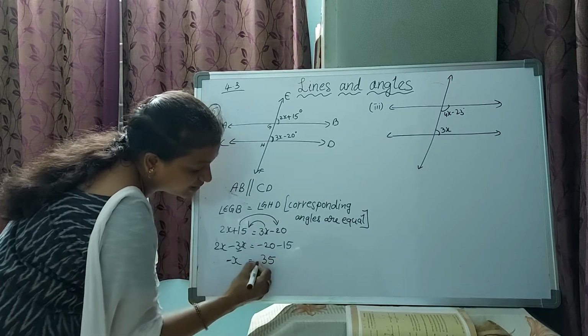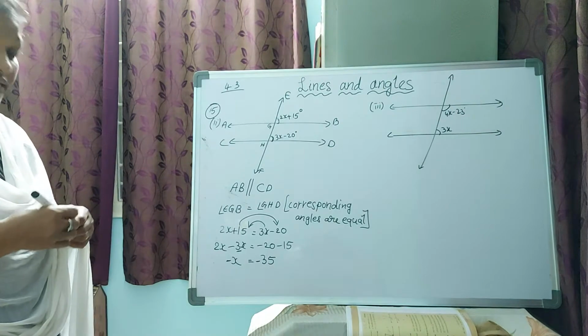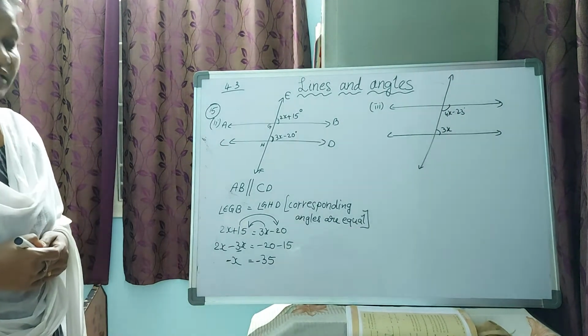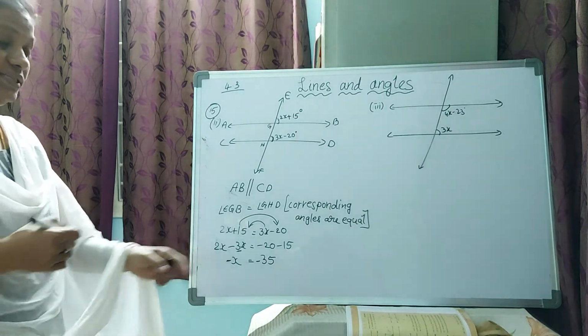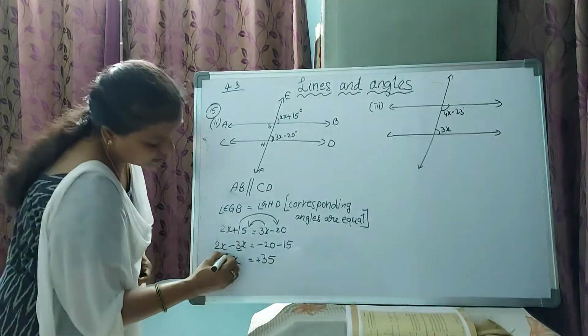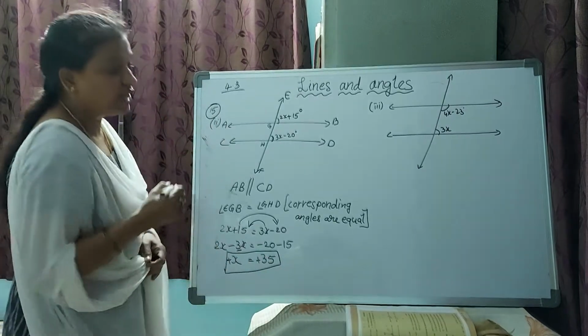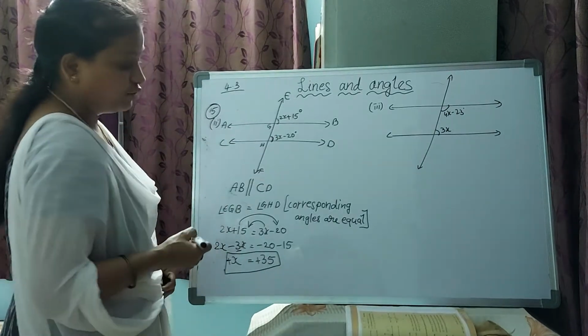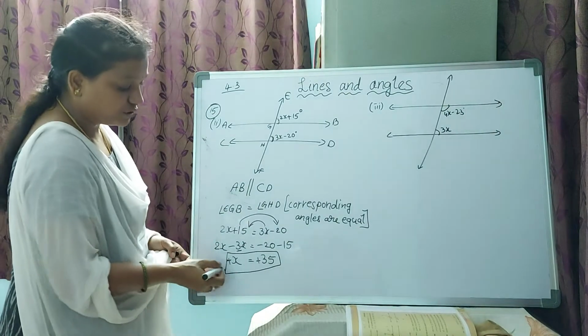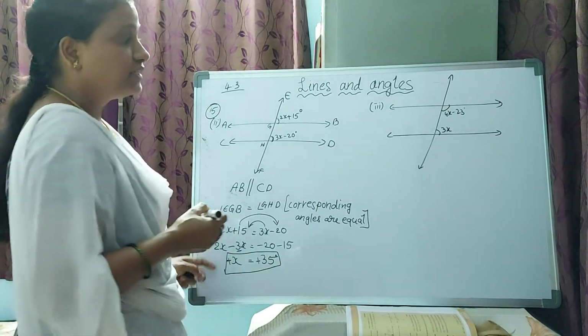Before the bigger number, the minus symbol is there, so put minus. If you have minus on both sides, divide by minus on both sides, so the minus signs cancel. So x is equal to 35. We got the x value. He asked you to find the x value only. That's why the x value is equal to 35 degrees.